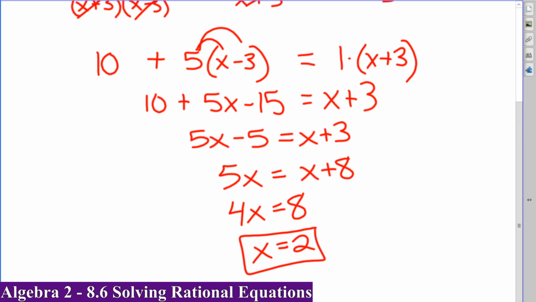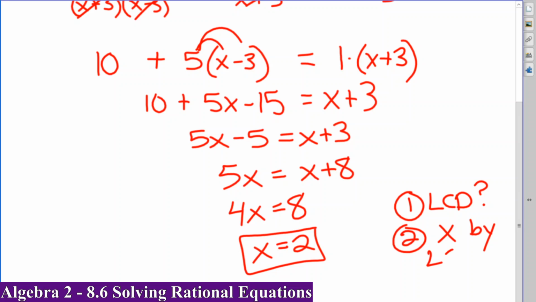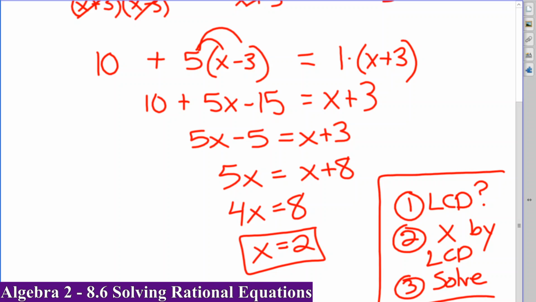So all we're doing here is you have to identify, step 1, what is the least common denominator? Step 2, multiply everything by the least common denominator, and then solve. So those are basically your 3 main steps.